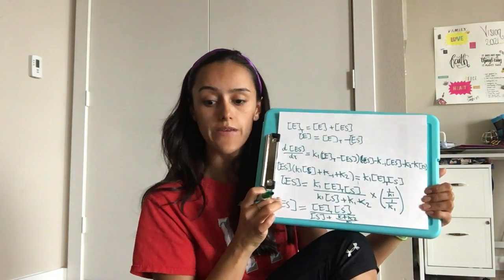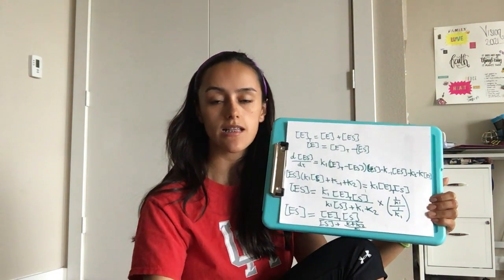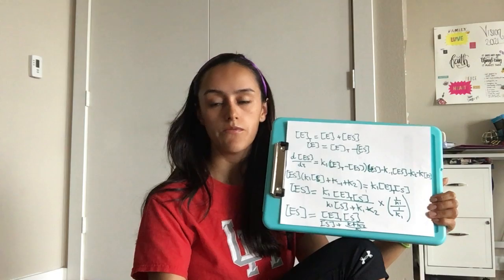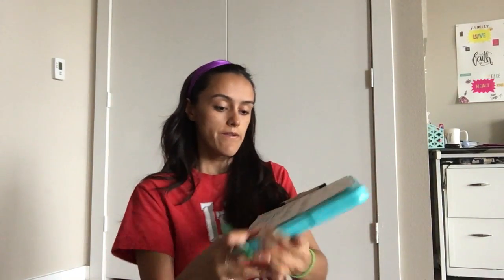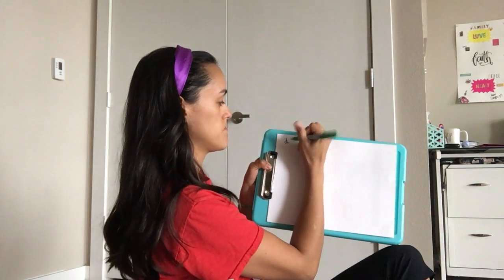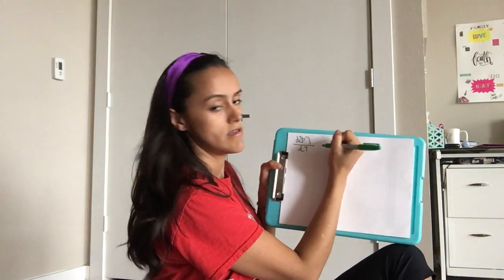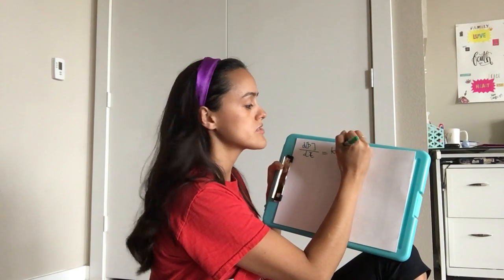The instantaneous rate of change for product P is a function of its reactants. Only one reactant basically will give us ES. Oh, sorry, my camera's moving. Therefore, in order to find the instantaneous rate of change for P, d[P]/dt, it will be K2 times ES.